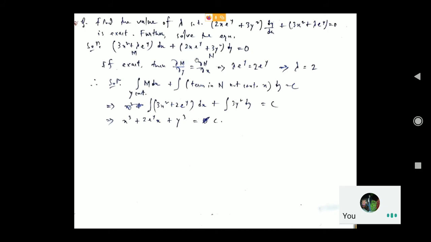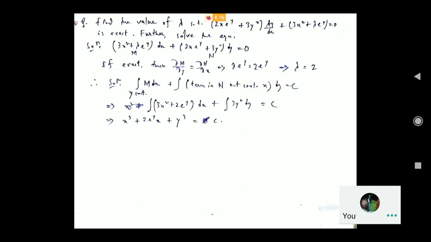No, it's correct only. Here you see, I thought this is dx. It's correct only. You have to see the question properly.